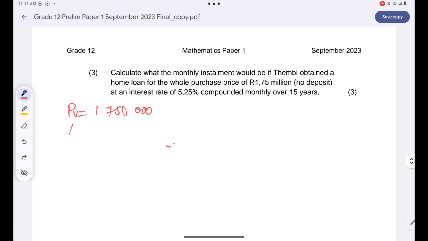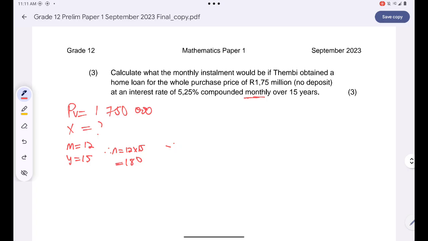Right, together we are looking for the installment. M is equal to 12 since my interest is compounded monthly, and the number of years I have is 15, and hence N will be 12 multiplied by 15, which gives me 180. So there will be 180 payments, or you can simply say interest will be calculated 180 times.